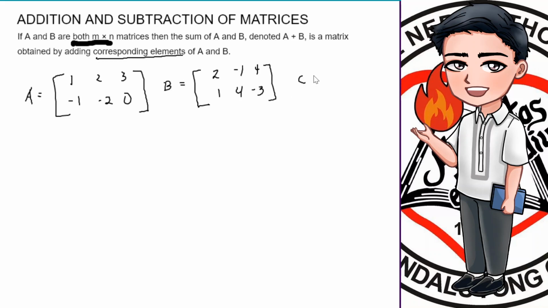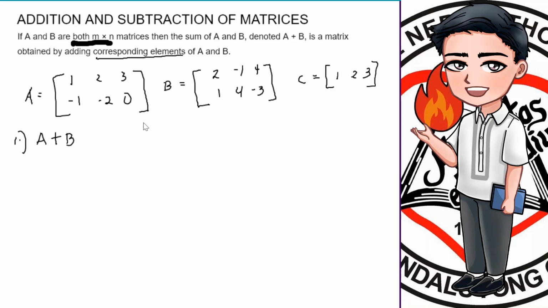And matrix C is equal to 1, 2, 3. These are the different matrices in our example. Now, let us find A plus B. So we need to add matrix A and matrix B.